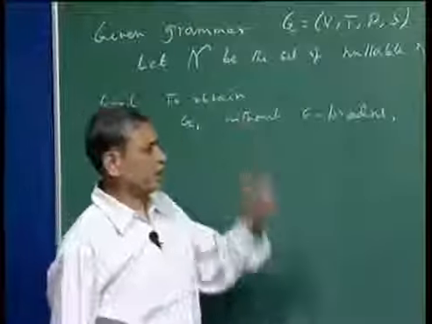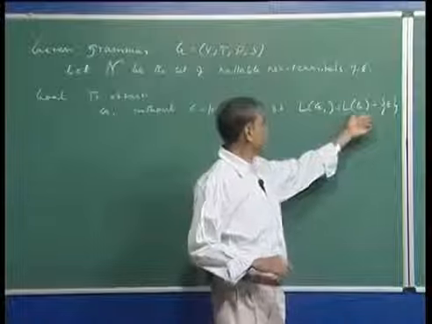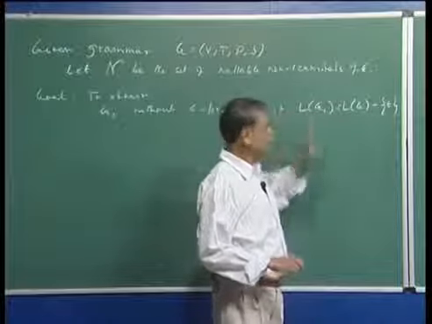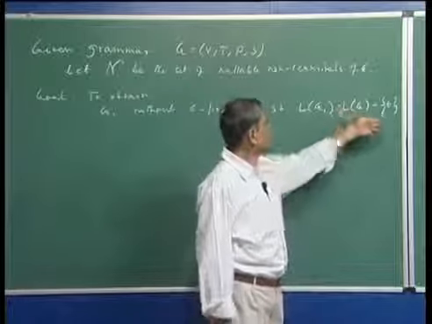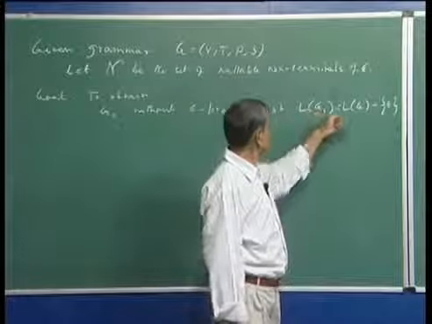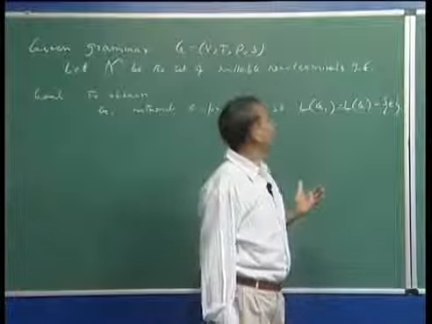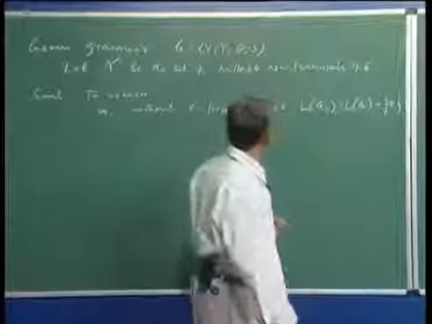As we said already, if L(G) had epsilon, L(G1) should contain everything other than the string epsilon. If L(G) did not have epsilon, then the new grammar and old grammar generate identical languages.